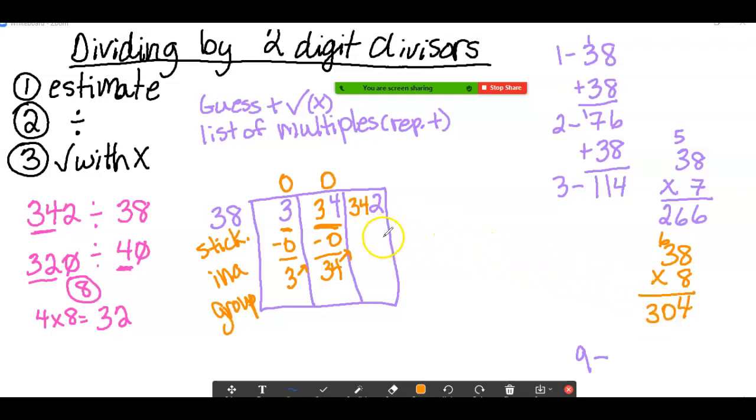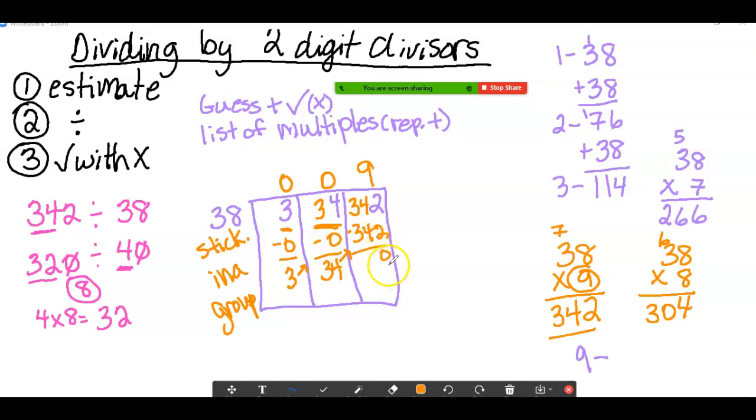So I think what I need to do is try 9 groups now. 38 times 9 groups. 9 times 8 is 72. 9 times 3 is 27, plus 7 is 34. And oh, look at that. That's the exact number we're trying to find. So 9 groups would be correct. And so 9 times 38 is 342.